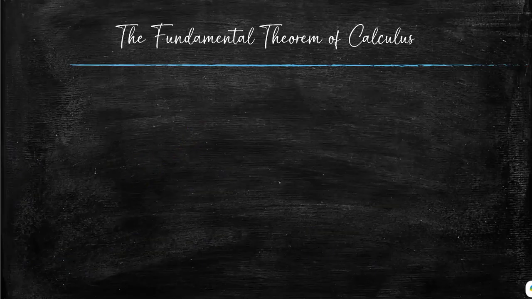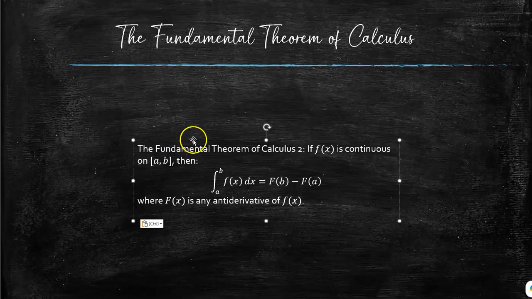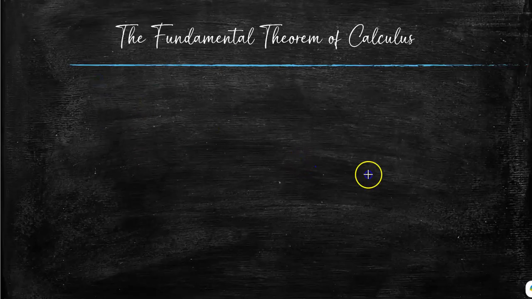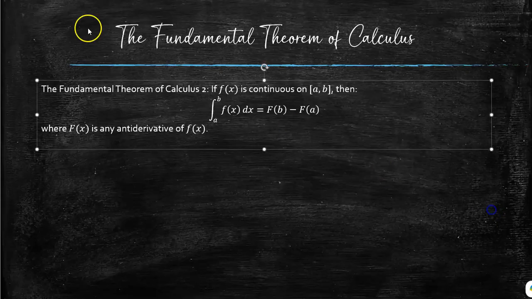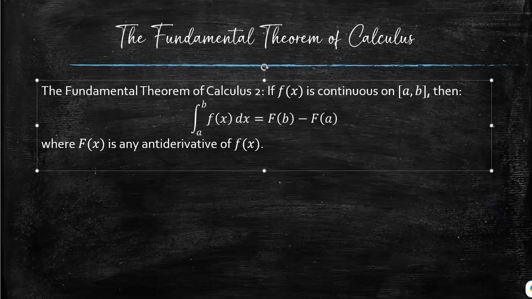Now we're going to state the second part of the fundamental theorem of calculus, and I'm just going to copy and paste it here. Part 2 of the fundamental theorem of calculus looks like this.